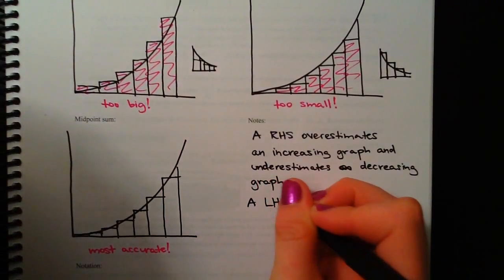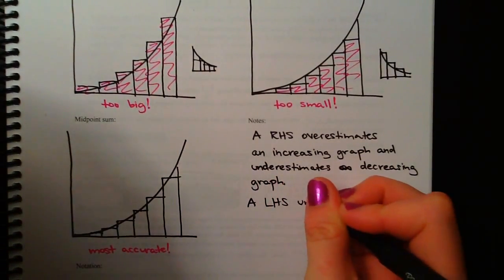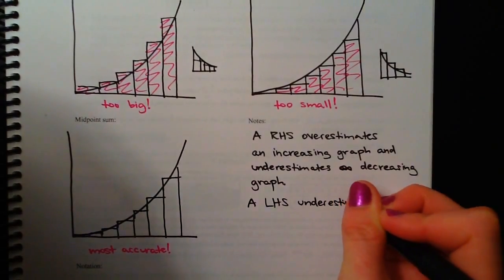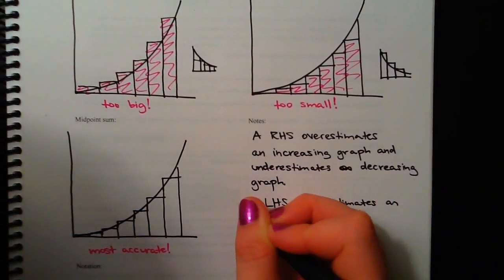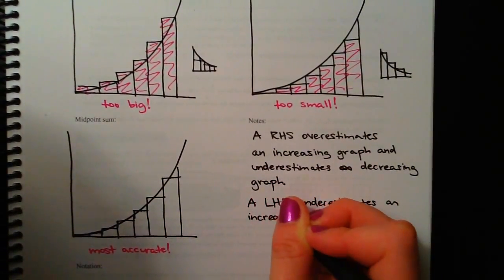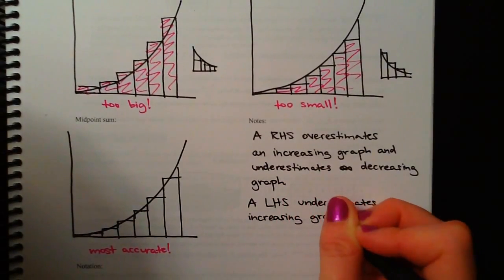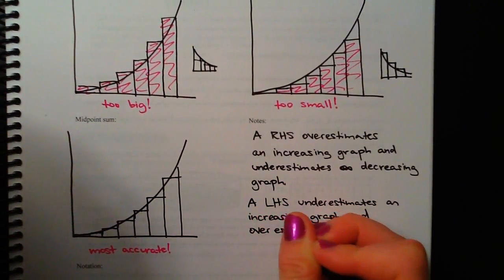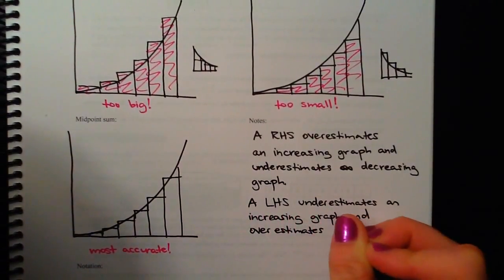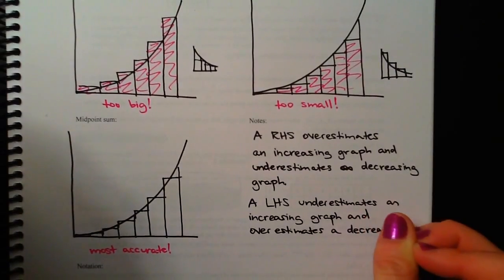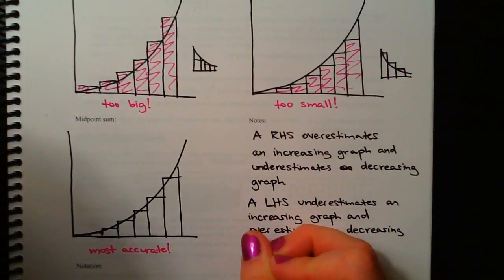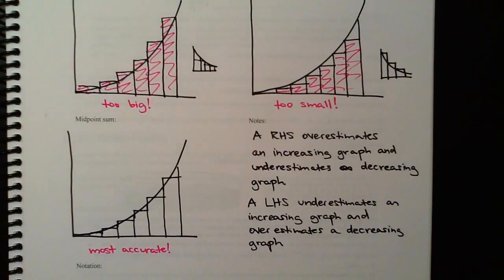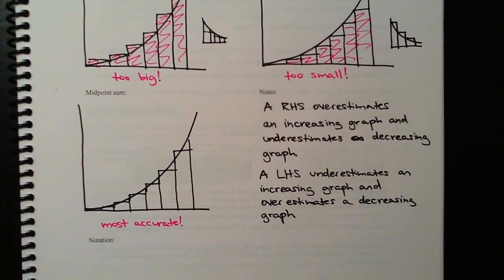Okay, so that will change problem by problem. The AP test loves to ask, is this approximation too large or too small? And it will all depend on which approximation they asked you to use.